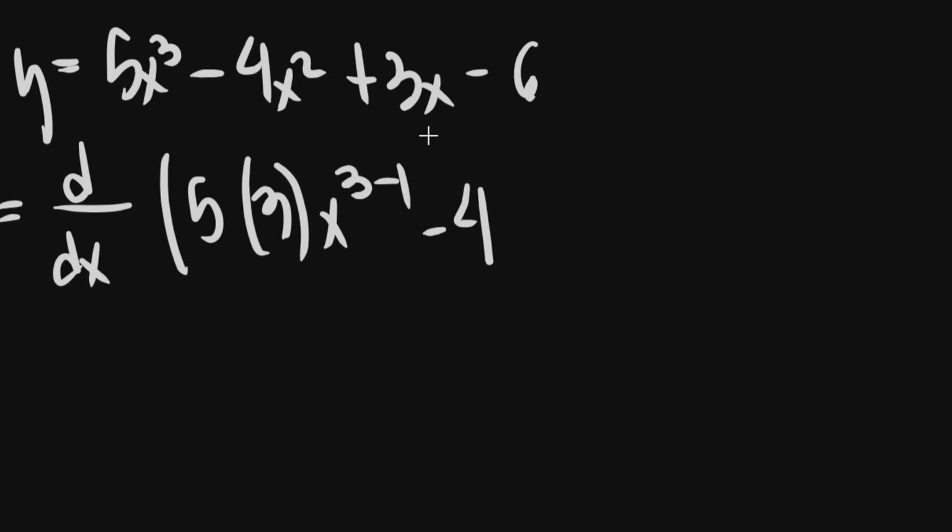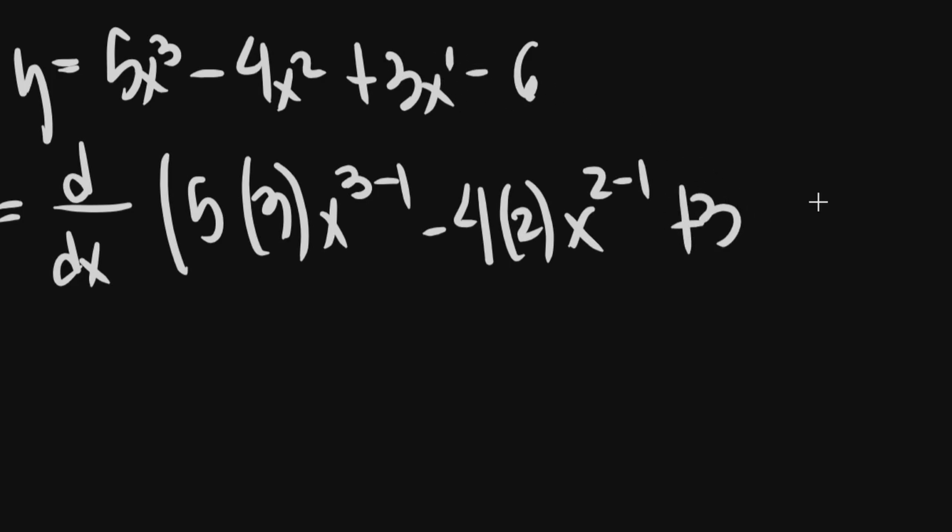Then we have the exponent 2, so 2, then x raised to 2 minus 1, and plus 3. Then we have here exponent 1, so therefore 1 x raised to 1 minus 1, minus 6, which is a constant, so it should equal 0.